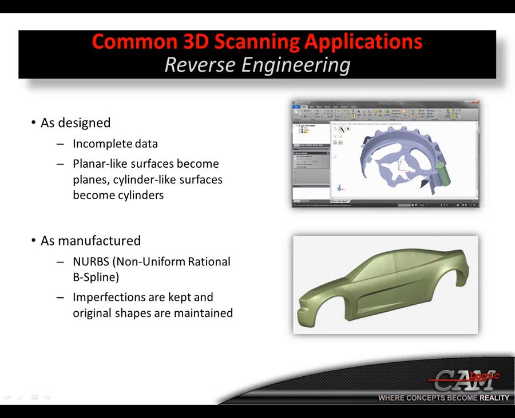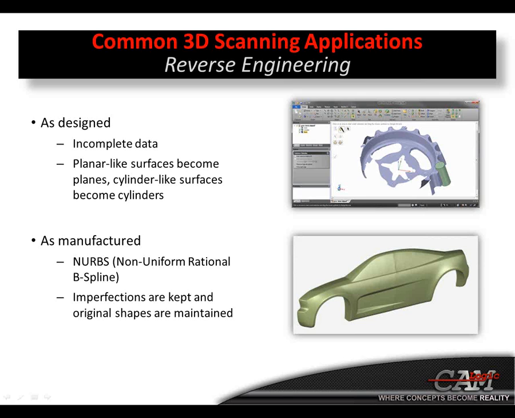So that's where we're going to be talking about an as-designed reverse engineering process, where we may have incomplete scan data, but because we are going for design intent, we can assume that planar-like surfaces will become planes, cylinder-like surfaces will become true cylinders in the CAD world.